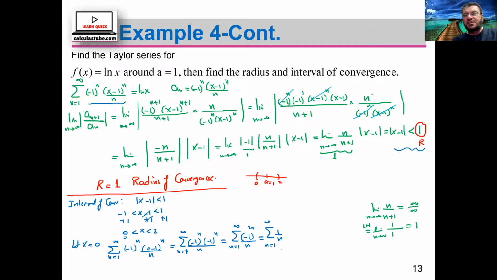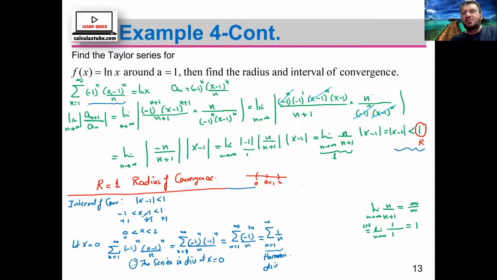Now, what is this? This is what we call the harmonic series, which is divergent. So what do we conclude? Therefore, the series is divergent at x equals 0.